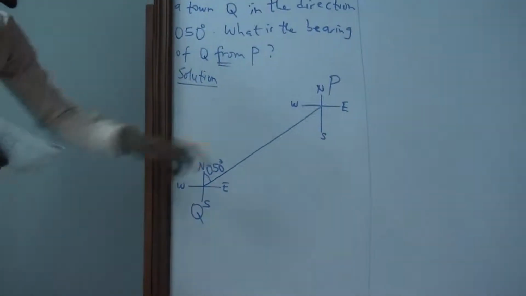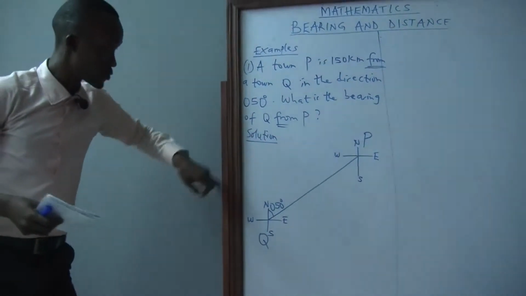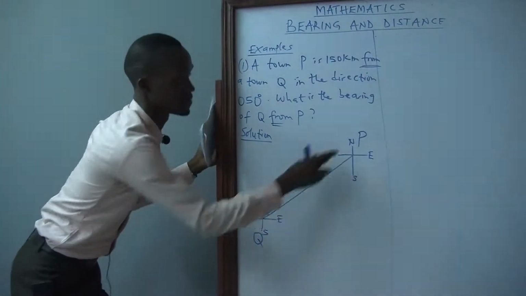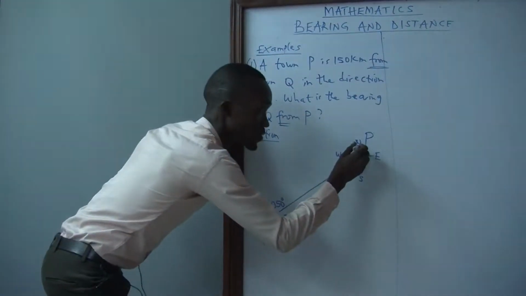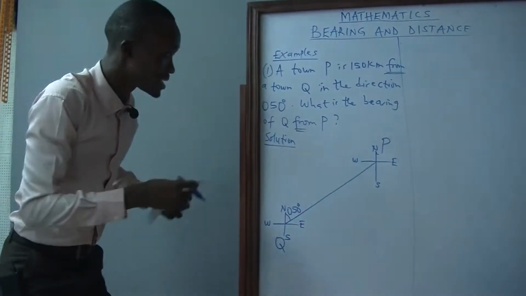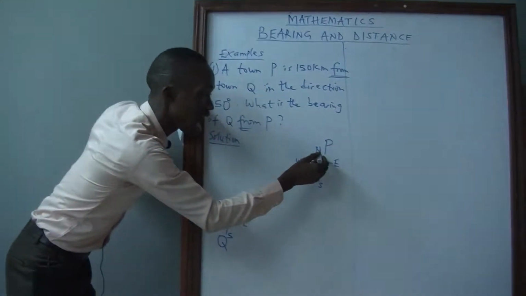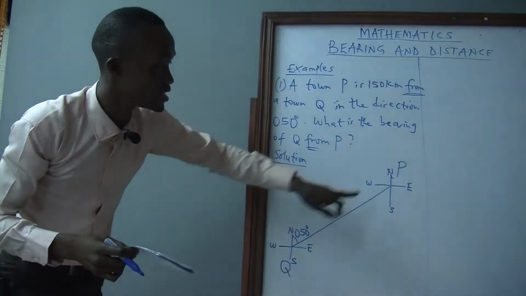Now the bearing of this point from this point is 050°. And the question is, what is now the bearing of this point from here? The bearing is to be taken also from the north pole. We take it like this, and what we are interested in is to trace that angle from this north pole to the line that is connecting the 2 points.